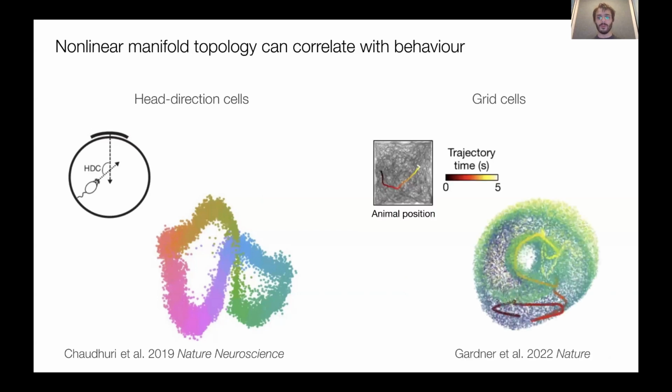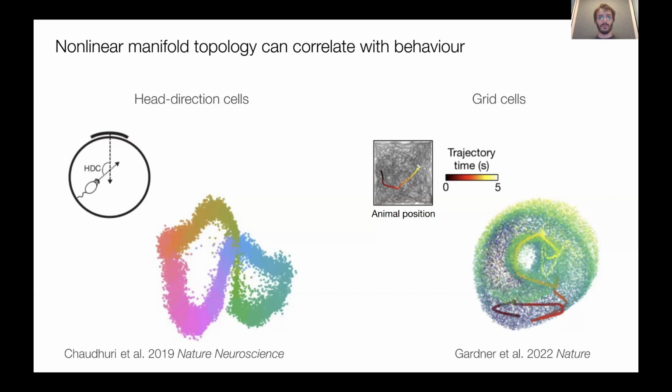And people have also found toroidal manifolds in grid cells that encode the position of the animal in physical space. So here in the little inset, you are looking at the position of an animal over time in physical space, and that corresponds to a trajectory on the torus in the neural manifold.